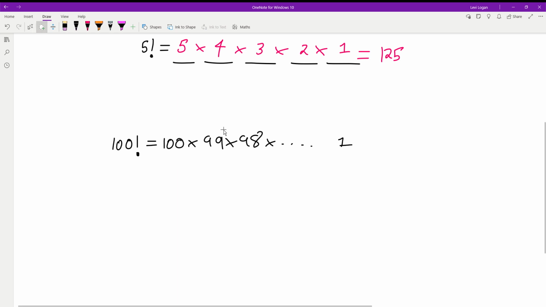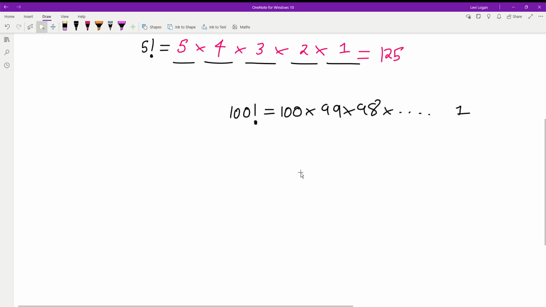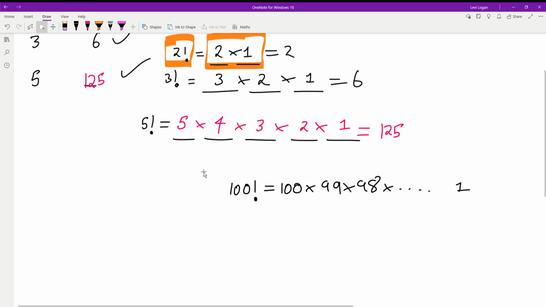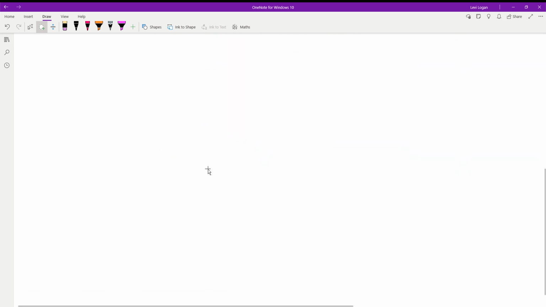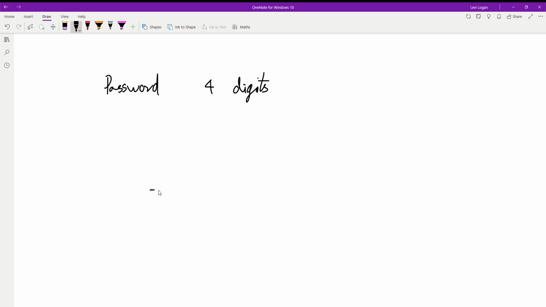Now, let's consider something else. Let's say we had a specific restriction. Let's say we had a password that was 4 digits long and it had a specific order. So we've got 1, 2, 3, 4 placeholders. How many digits can I place here?